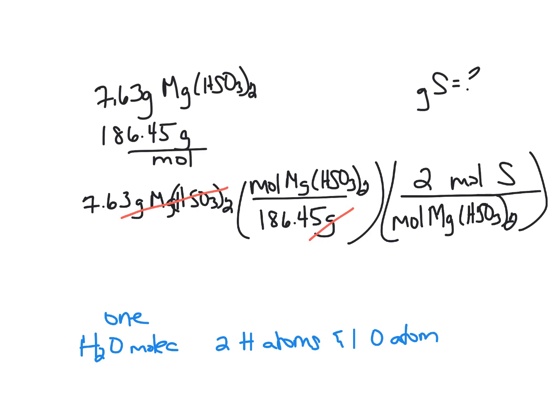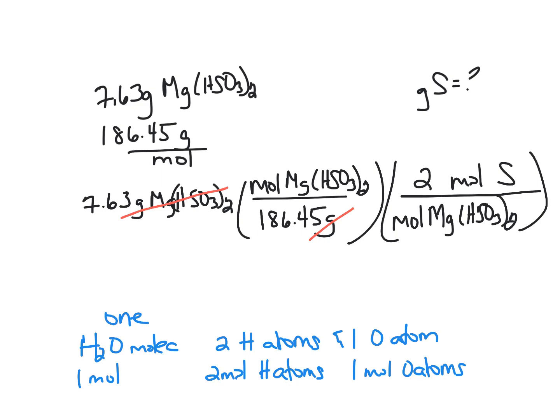So that relationship at the molecular and atomic level is exactly the same as the relationship I'd have at the mole level. Because if I had 1 mole of water molecules, I'd have 2 moles of H atoms, and I'd have 1 mole of oxygen atoms. Because remember, a mole is just a counting number.